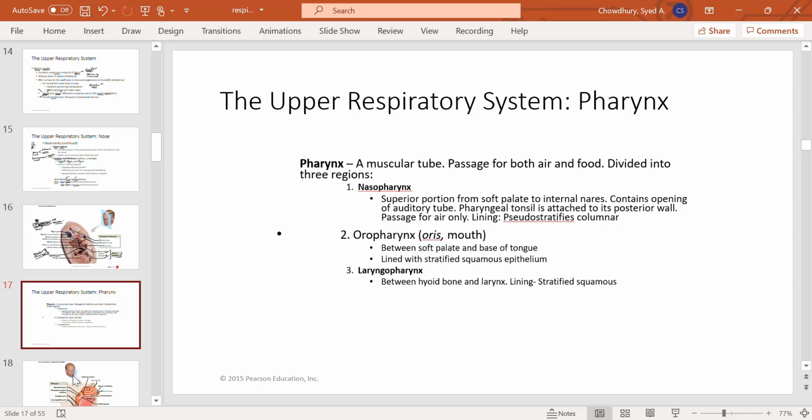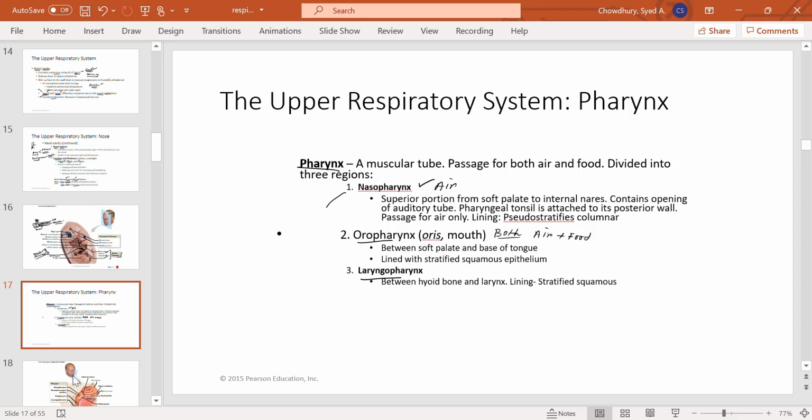Okay, now after the nasal cavity you have the muscular tube, that's the pharynx, and pharynx has three parts. Uppermost nasopharynx only for the air, and oropharynx and laryngopharynx, these two parts are for both the air and the food.